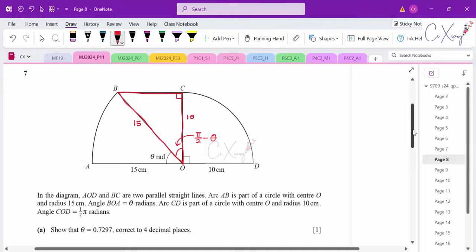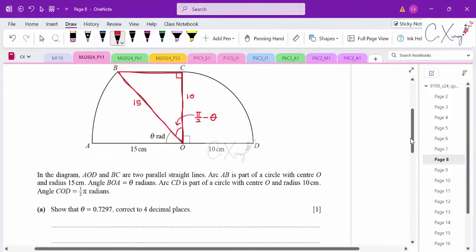From here, if I want to use the trigo ratio for this triangle, I can use cos. The angle is pi over 2 minus theta. If I get cos of pi over 2 minus theta, I will get 10 over 15, adjacent over hypotenuse. 10 is the adjacent, so 15 is the hypotenuse.